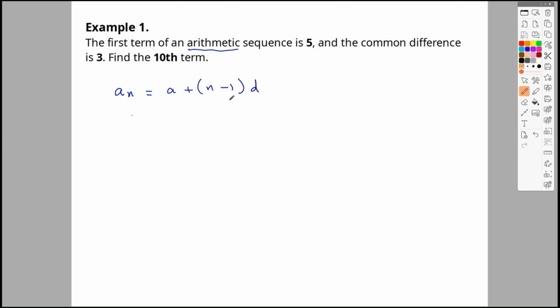Now we need to extract these values from the example. The first term is 5, that means a equals 5. The common difference is 3, so d equals 3. And we need to find the 10th term, that means n equals 10.